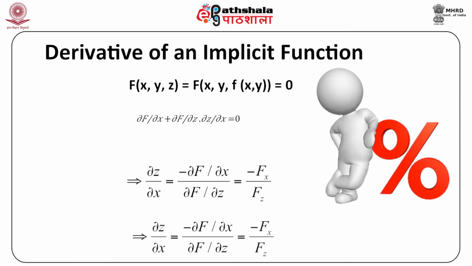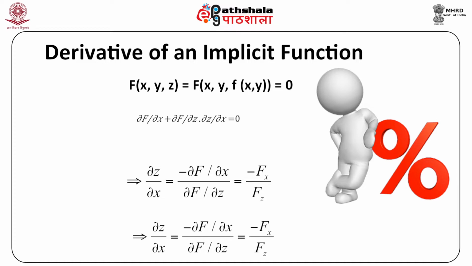Suppose F(x,y,z) is a differentiable function and F(x,y,z) is equal to 0 defines z as an implicit function of x and y, then F(x,y,z) is equal to F(x,y,f(x,y)) equal to 0.